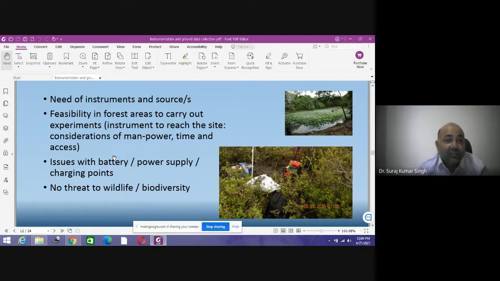So I was standing there, knowing that I was left with no choice, because if I had also run away, they could have taken our bags with the costly equipment like GPS. We were carrying the GPS, a spectroradiometer, and the total cost of the instruments was about 50 lakh. If that was stolen, then the entire responsibility comes to the team member, the person who went into the field.